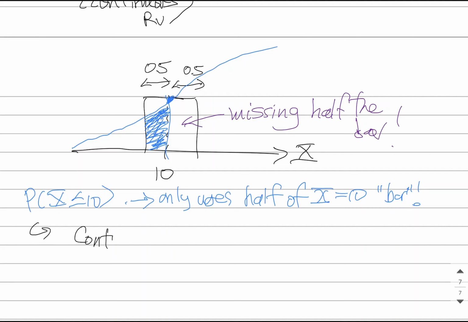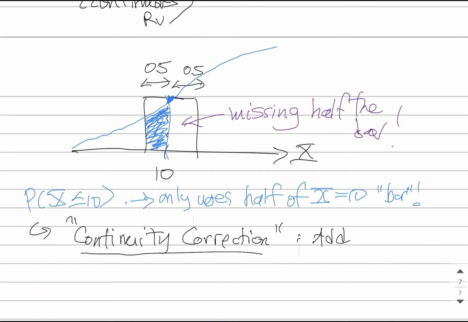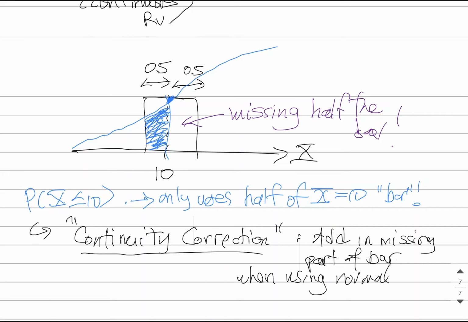So they introduce what's called a continuity correction. And the continuity correction is basically saying add in the missing part of the bar when you use the normal approximation. And so what do I mean by that?